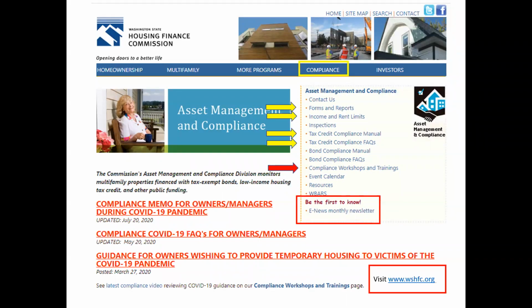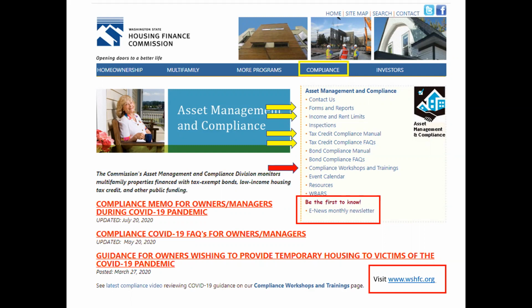Just a couple more things we wanted to point out for you on our website, where you can find things that you might need. So in the compliance area, we have our forms and reports, and that is where you can get our fillable forms right now to be using during COVID that have the electronic signature option on them. Income and rent limits, our tax credit manual, our tax credit compliance FAQs.